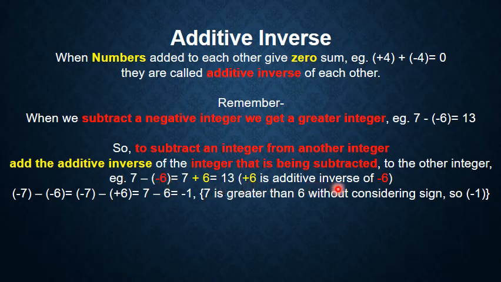So plus 6 is additive inverse of minus 6. And minus 7 minus plus 6 becomes minus 7 plus the additive inverse. So the result is minus 13, and since 7 is greater than 6, you have the negative sign of 7.